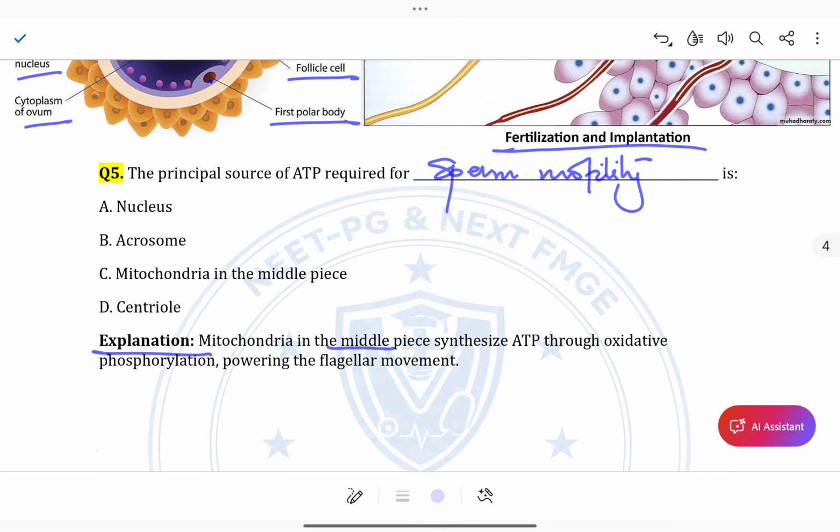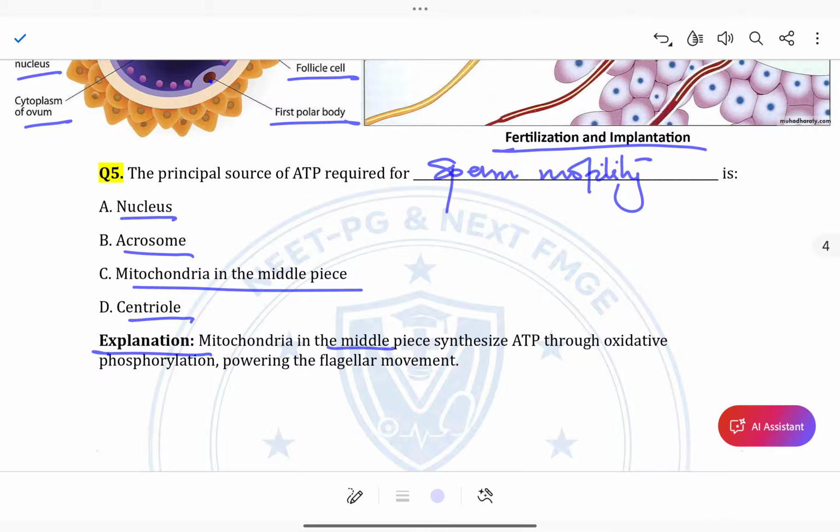What is the answer? Nucleus, acrosome, mitochondria in the middle piece, and centriole. Number 5, what is the answer? Mitochondria in the middle piece.